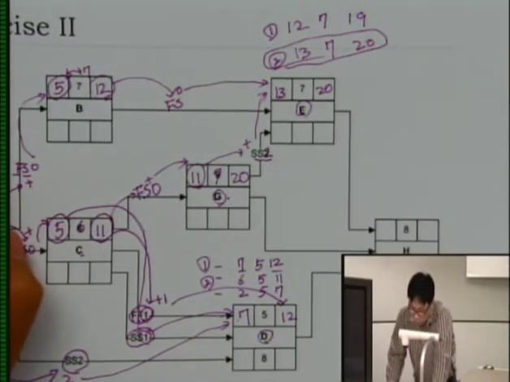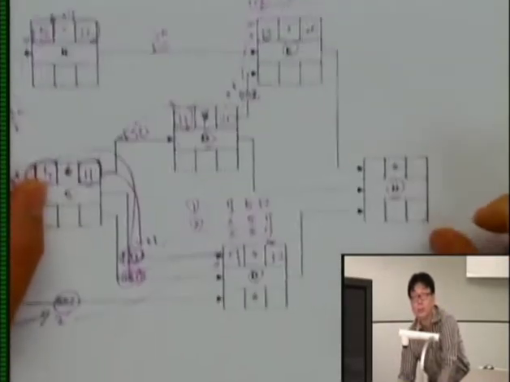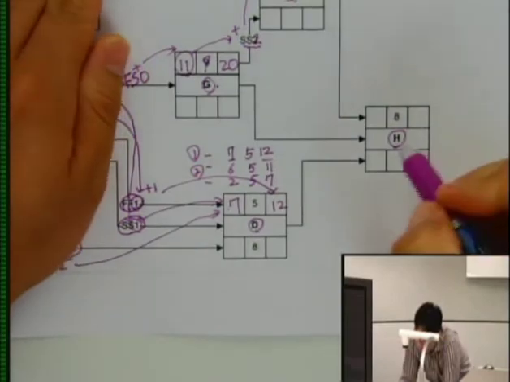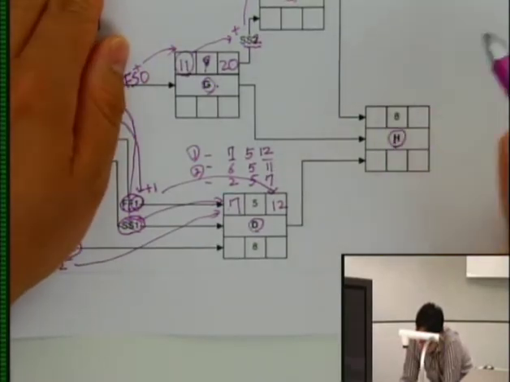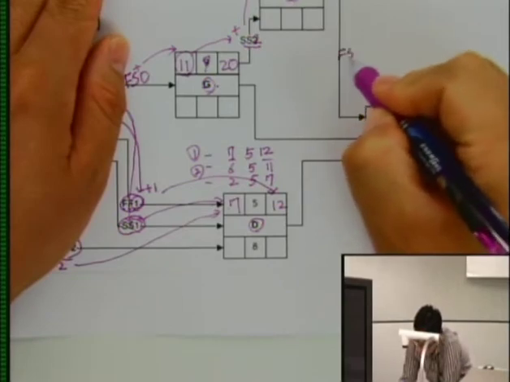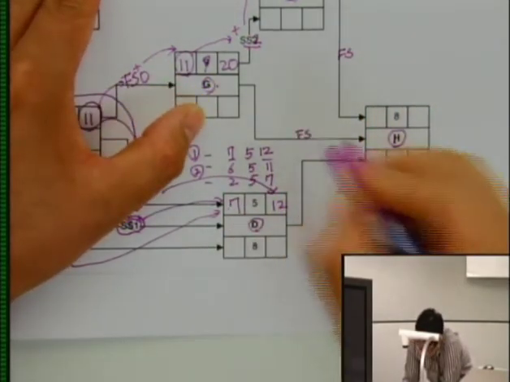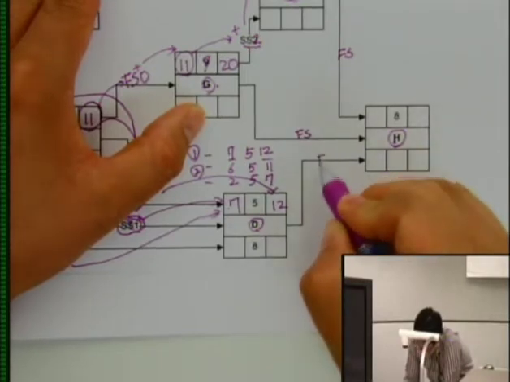So you calculate only start and only finish. You need to finish activity H. Activity H has three relationships. One relationship with activity E with finish to start, activity G finish to start, and activity D finish to start.